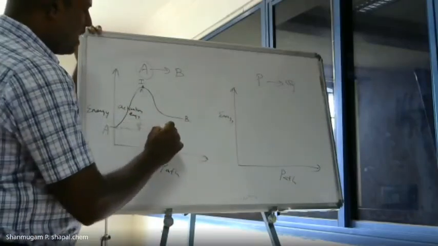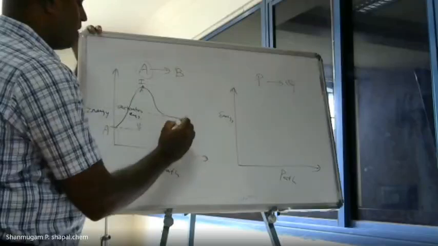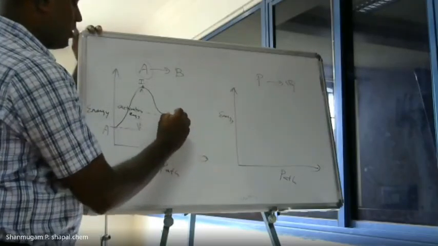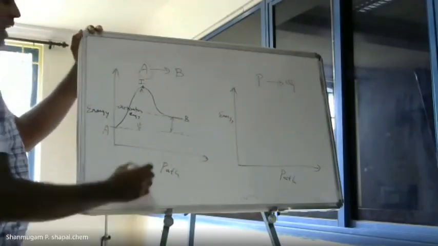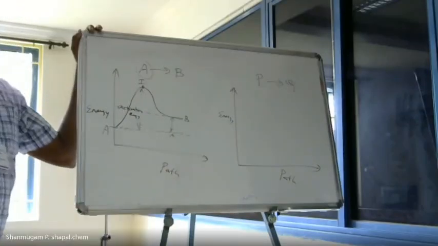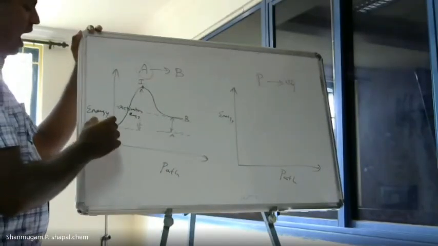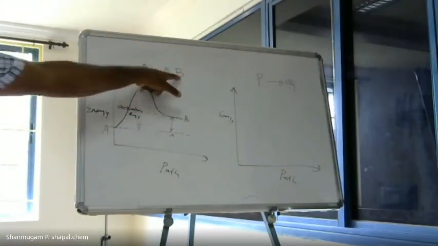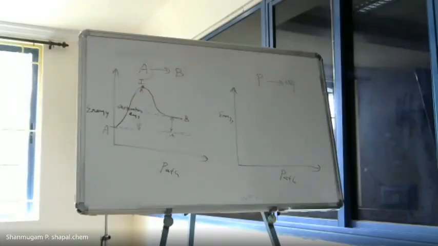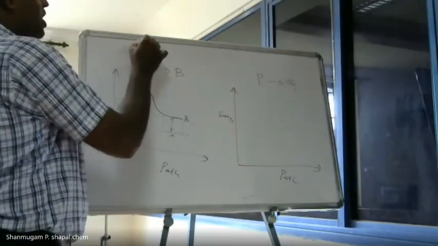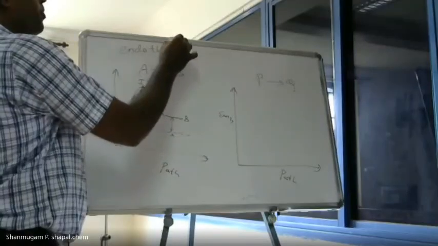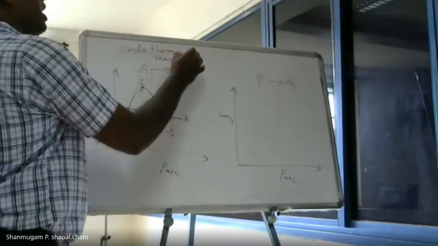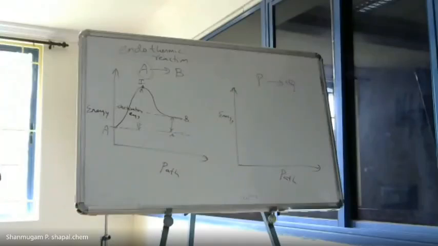So if you see the energy level of A and the energy level of B, here the energy level of A is lower than the energy level of B. That means some energy is gained by the product during this reaction mechanism. If it gains energy, then it is endothermic, because it absorbs energy into the system.